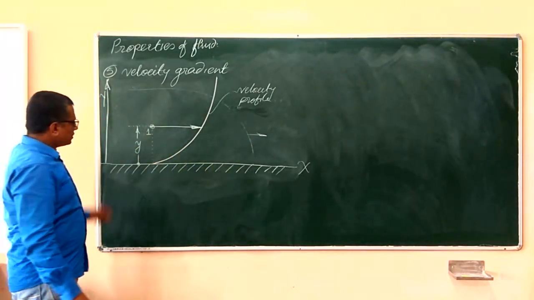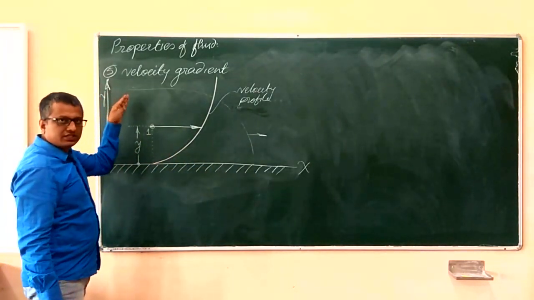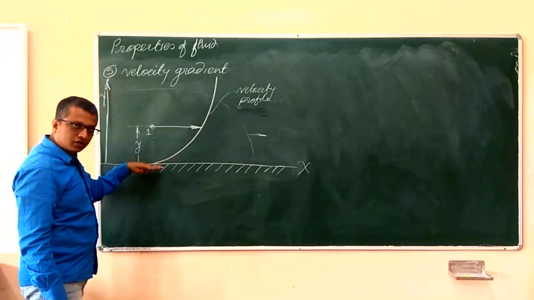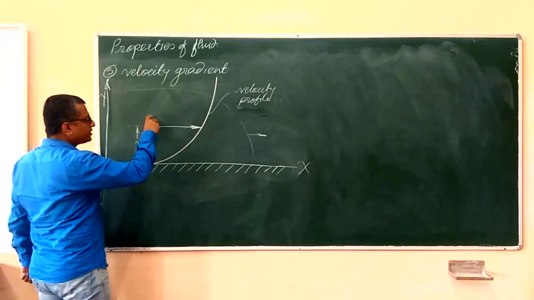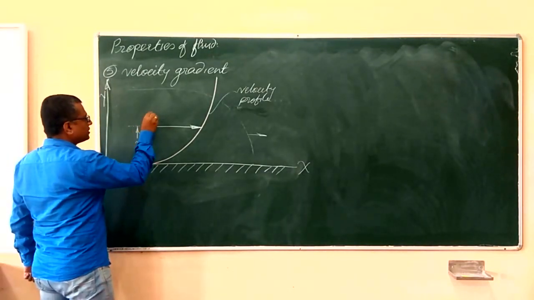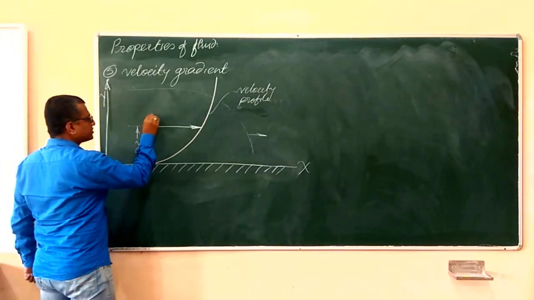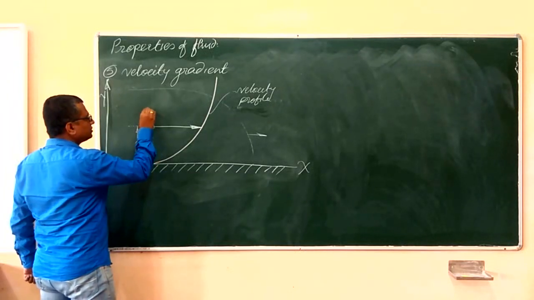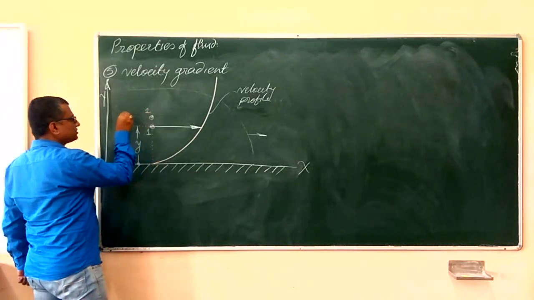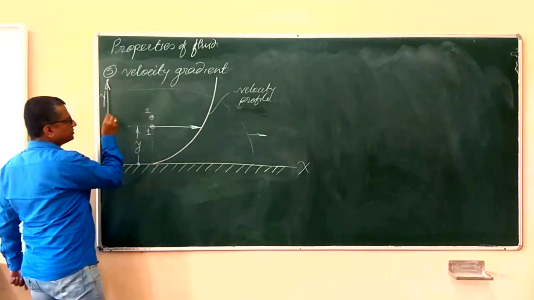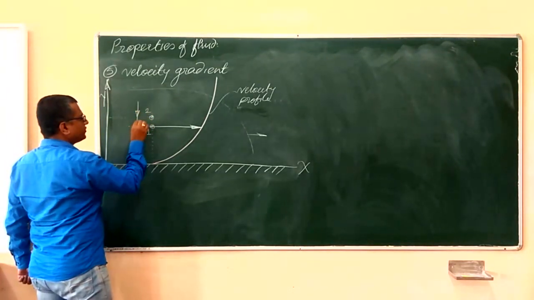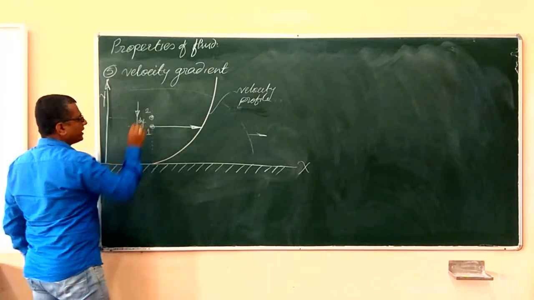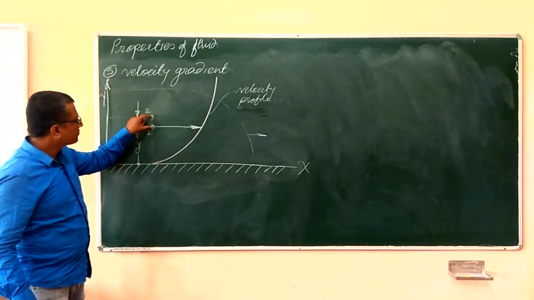Next, if I go a little up, that is in the upward direction, or say in the direction perpendicular to this flat surface, by a small distance, say dy over here, there is a point number 2 over here, which is at a height of dy above the layer 1.